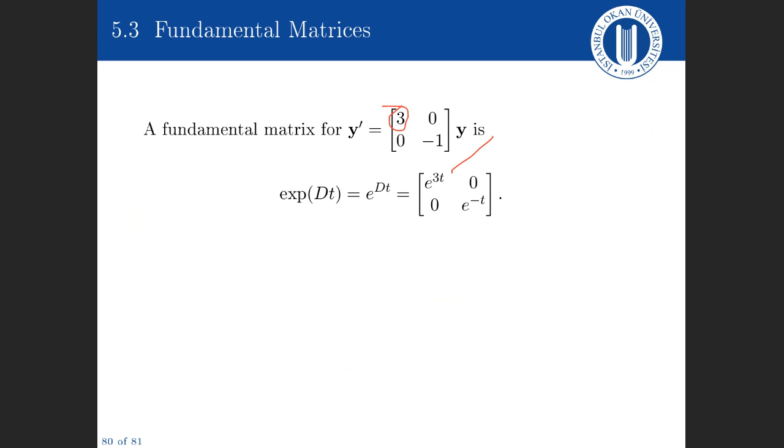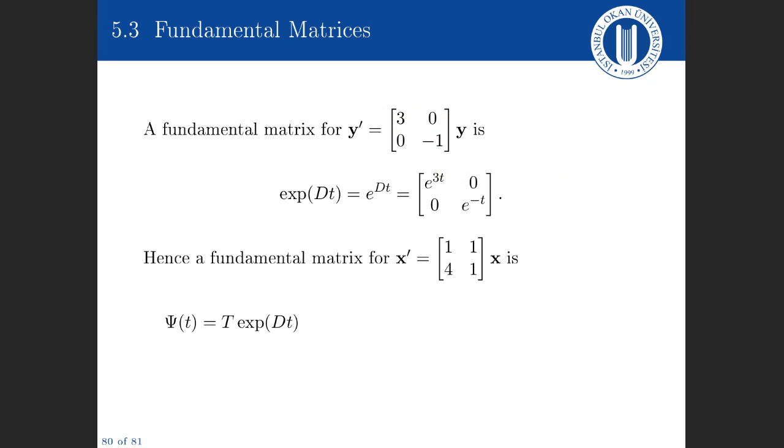Instead of 3, we have e to the power 3t. Instead of minus 1, we have e to the power minus t on the main diagonal. And then to find a fundamental matrix for the equation that we want, we just multiply on the left by the transition matrix T. And we get e to the power 3t, e to the power minus t, 2 e to the power 3t, minus 2 e to the power minus t. And if you look back through your lecture notes or these slides, you'll see this is just what we had before.